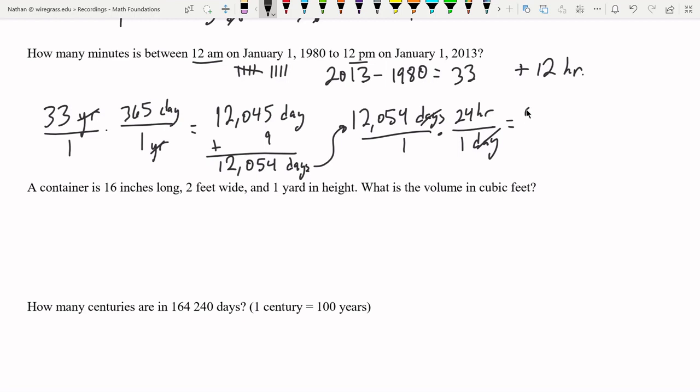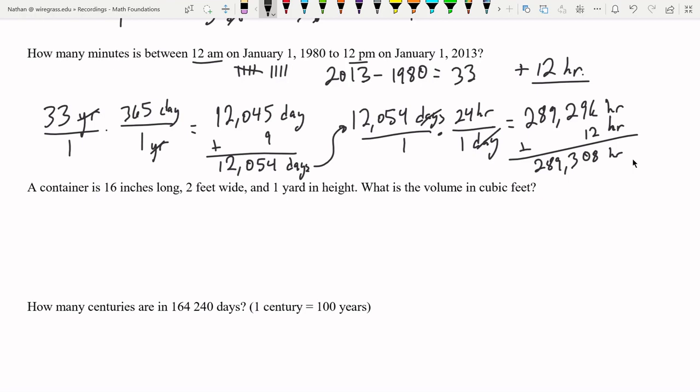There are 24 hours in one day. Days cancel. There is 289,296 hours in this time frame. And of course, we have an additional 12 hours we want to consider. So we're going to add on 12 hours to this. And that's going to give us 289,308 hours.